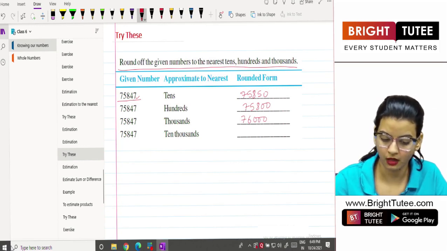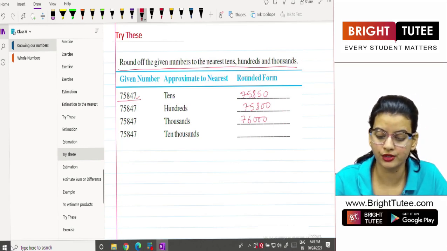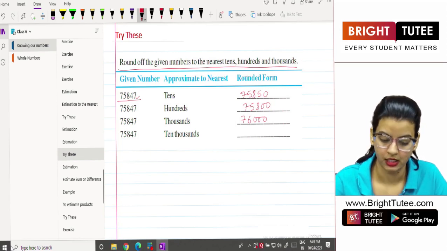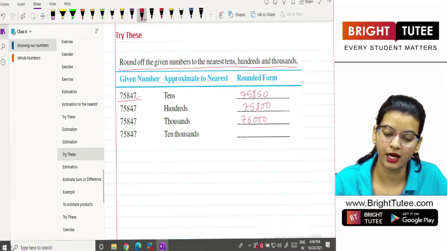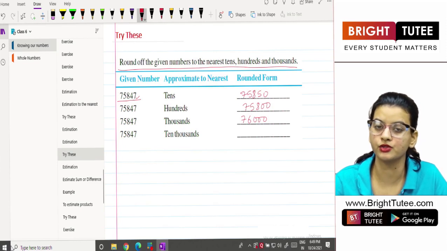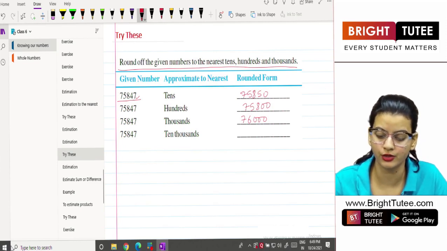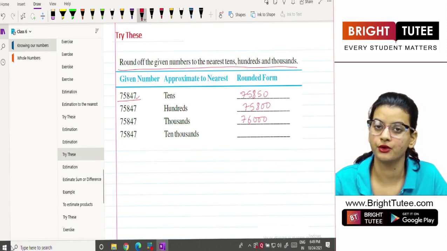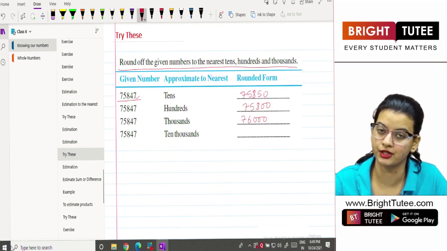Now we have to round it off to the nearest 10,000. Since it is 5,847, when we talk about rounding off to the nearest 10,000, the same rule is applied here also.